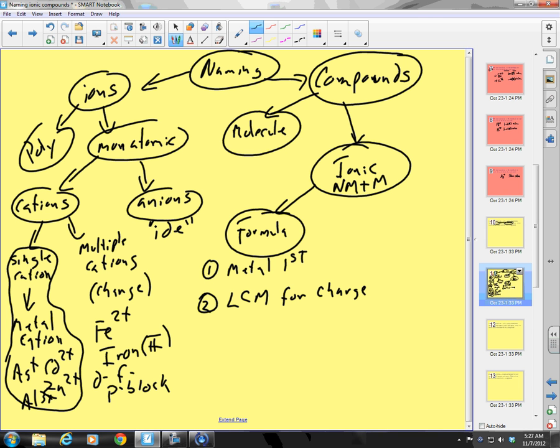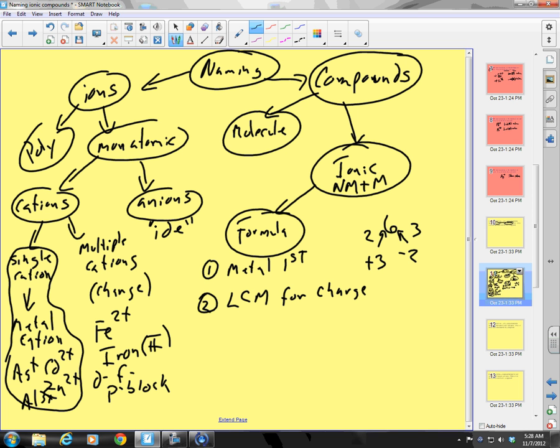And you guys know what least common multiple is. What's the lowest number that both of these things can be multiplied into evenly? So if I have a +3 and a -2, what's the least common multiple? The least common multiple is 6, because 3 will go in there 2 times, 2 will go into there 3 times.